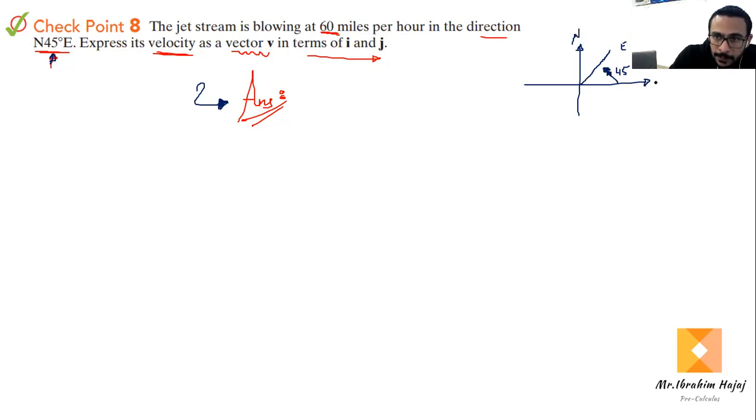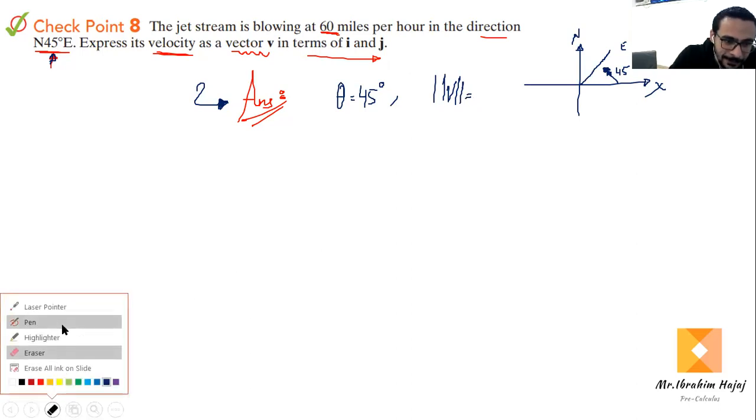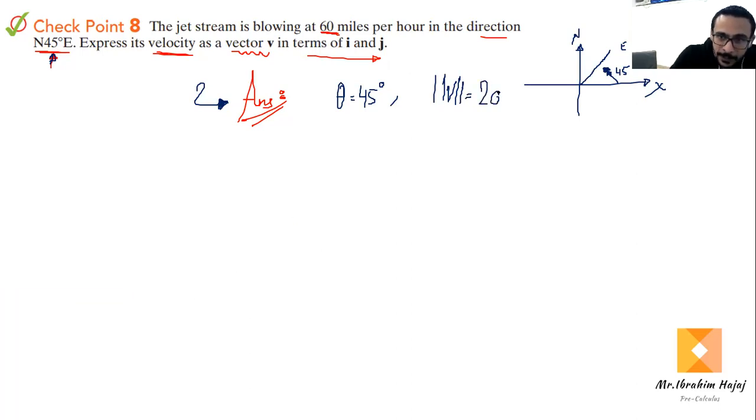Okay, always from the positive x-axis. So my angle stays the same here, 45, right? Theta equals 45, and the magnitude of W is 60. In terms of i and j, they want V in terms of i and j and evaluate.